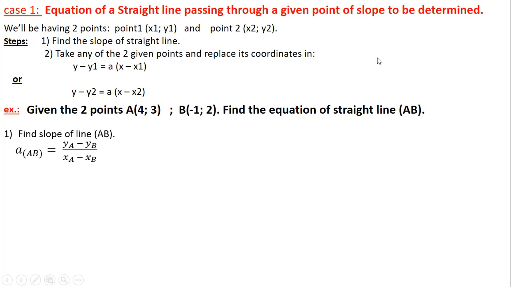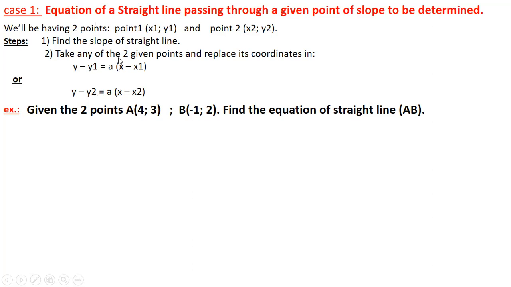How do you determine the slope? Of course, as you remember, we have a rule to determine the slope of a straight line. So here we'll be having 2 points, the first point with abscissa and ordinate, the second point with abscissa and ordinate. What are the steps to find this straight line?